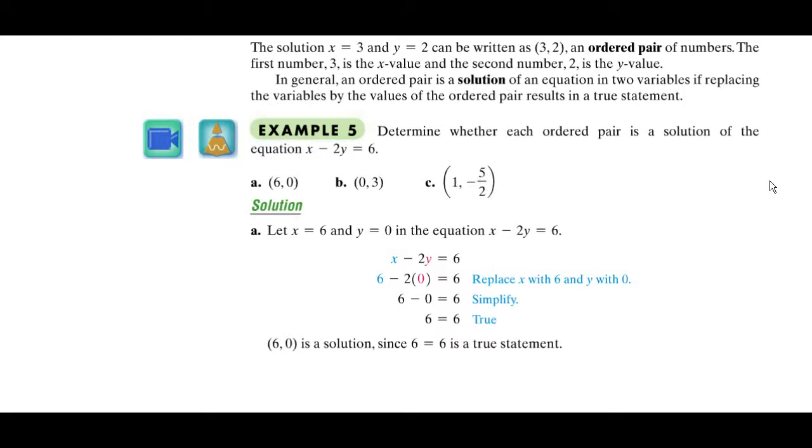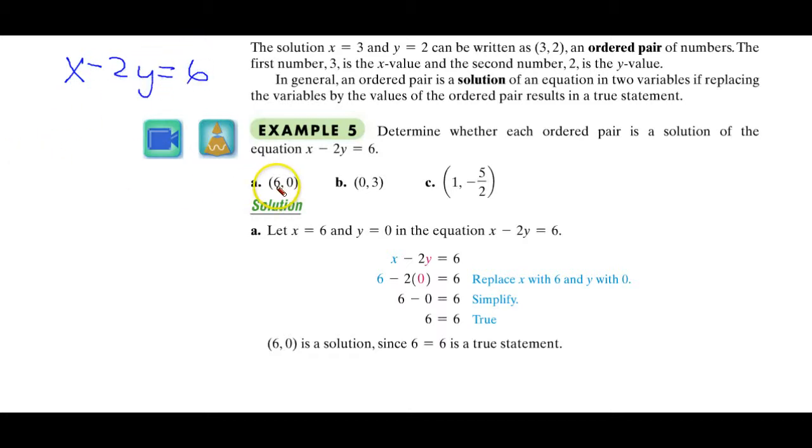And here we're asked to determine whether each ordered pair is a solution of this equation. So you might say, well, what would the strategy be for this? Well, it would be to write the equation x minus 2y equals 6.